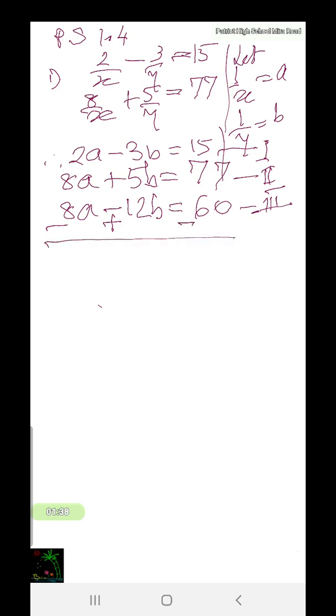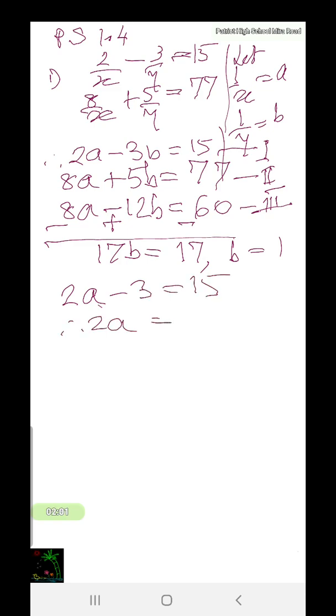So we have 17b is equal to 17, or b is equal to 1. Substituting b is equal to 1 in equation 1, we have 2a minus 3 is equal to 15. Therefore 2a is equal to 15 plus 3, it is 18, or a is equal to 9.